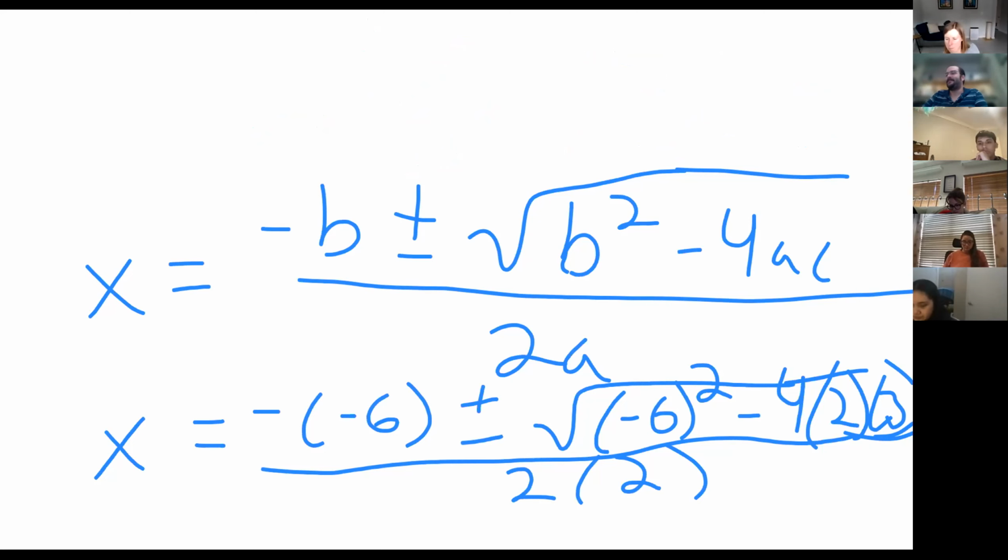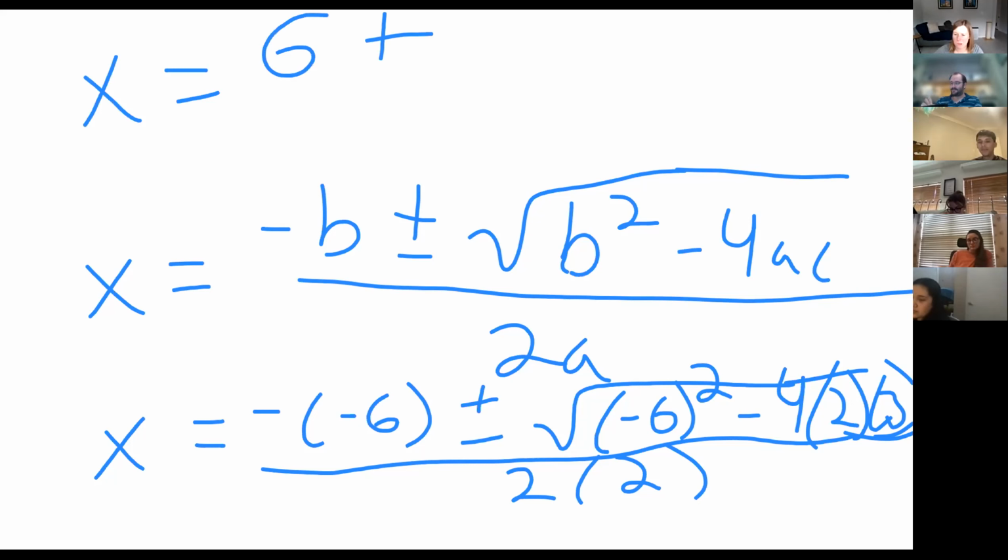I think everyone's got a different song for it. Find one that you like, I guess. We have a little bit of simplifying to do in this one. So if we look at this, x equals minus 6, I believe this is positive 6 plus or minus. Now we've got some order of operations that we have to do.